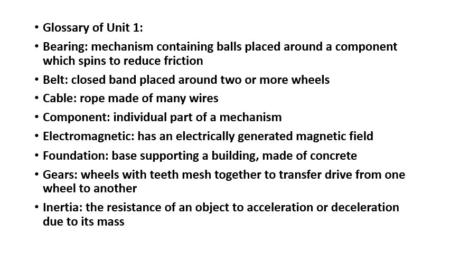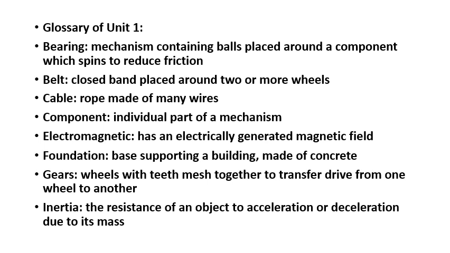Bearing, which means mechanism containing balls placed around a component which spins to reduce friction. Belt, closed band placed around two or more wheels. Cable, rope made of many wires.